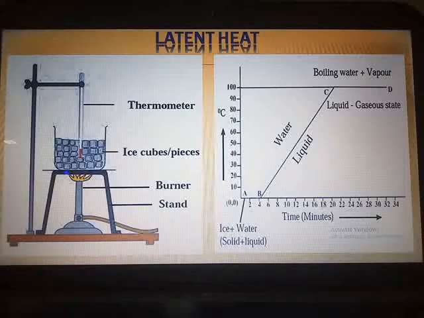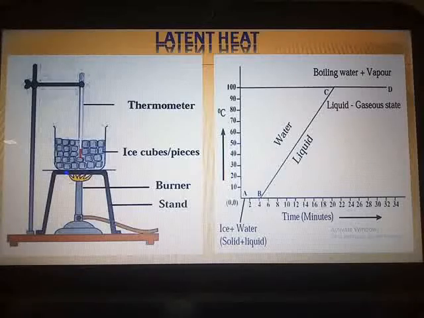With the help of this activity, let us understand our first concept, latent heat of fusion. When you start heating this ice with the help of burner, what you will first observe is that the temperature of this mixture of ice and water remains 0 degrees Celsius till the ice melts completely.